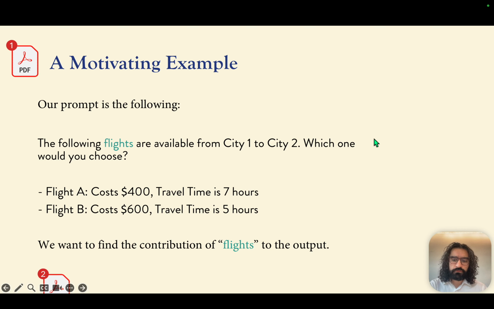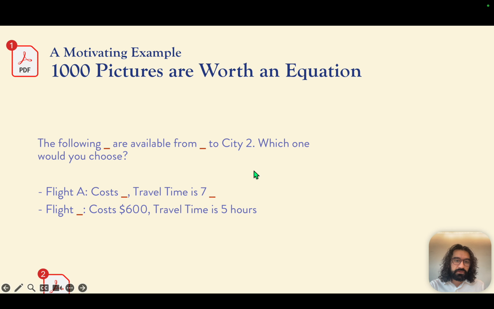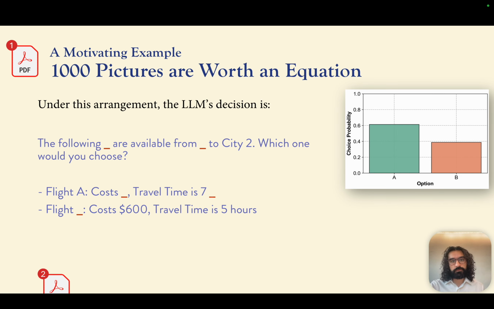Okay, so Shapley value tells us, go ahead and choose a setup, which I will define more rigorously later. Choose a setup where some of these tokens are absent. Here we have some tokens that we see as underscores. These are absent in the prompt. If you ask this prompt of the language model, the choice probabilities, let's say, look like this.